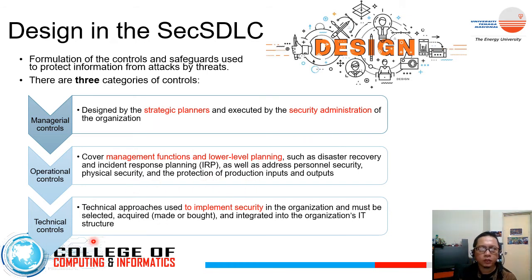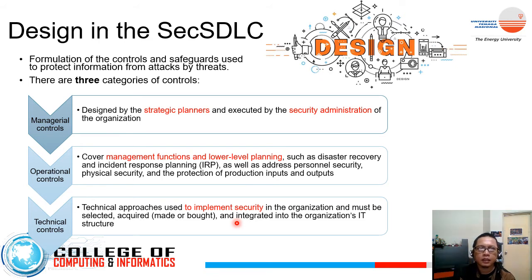And then the technical controls. This is basically in the hardware and software part. So use this to implement security in an organization. You must think about how you integrate the policy that you have planned, the rules, or how you actually do purchasing with the client, for example, and then how you translate those policies into the IT structure, meaning programmatically, how do those things work, how do you implement the rules, how do you actually implement the law, what can be done, what cannot be done, who is the user, how many access levels will you have.